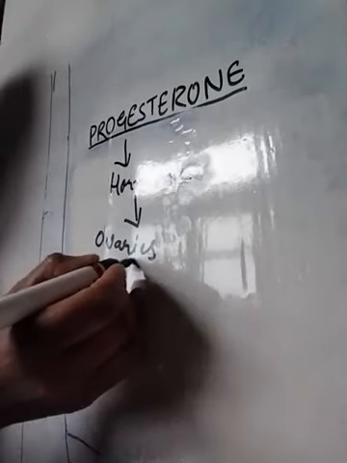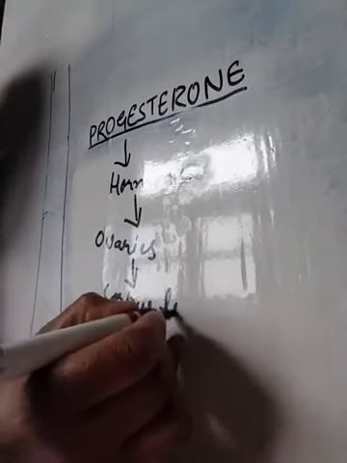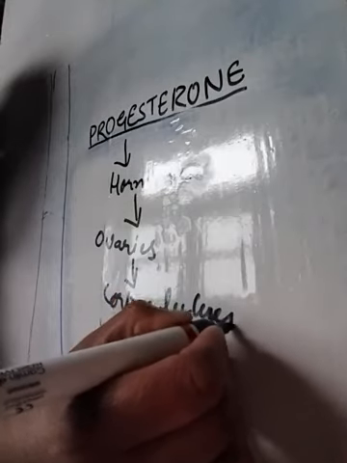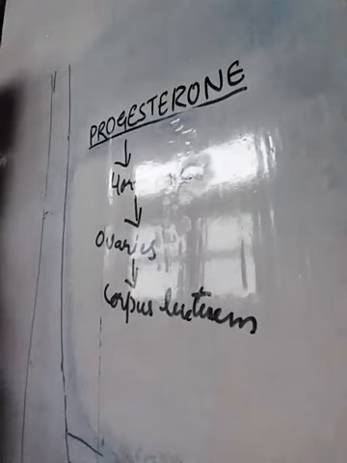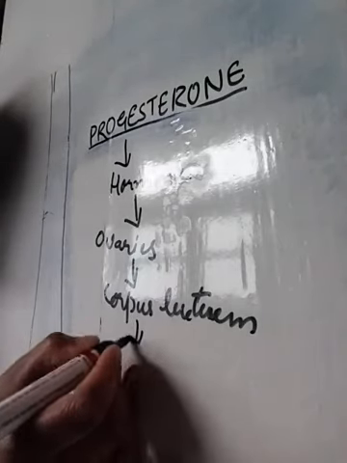In ovaries, there are cells known as corpus luteum. These are the cells present in the ovaries which secrete this hormone. These are secreted in the later part of the menstrual cycle.